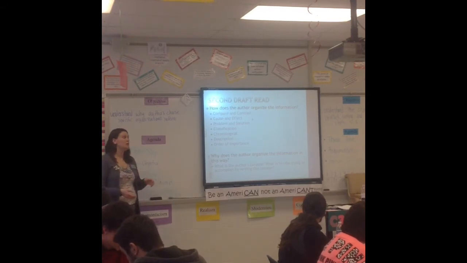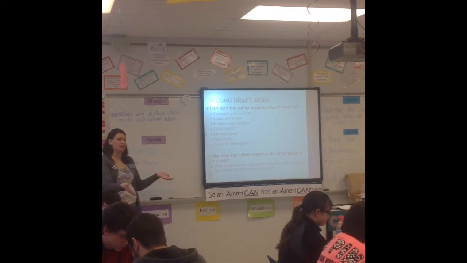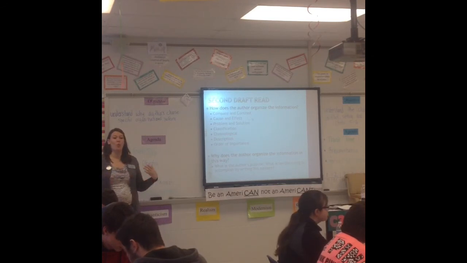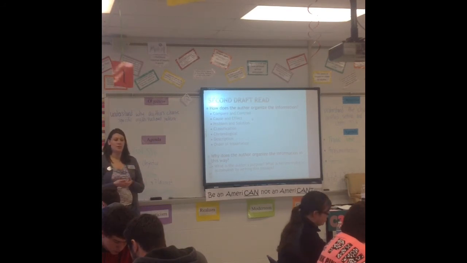Now is where we're getting closer to figuring out how is it organized and why. Because your purpose today is to know not only, yes, this is how an author organizes their information, but more specifically, why. Why does the author organize it in this way? And that's going to tie into, they organize it in this way in order to accomplish this purpose. That's why they use this tone, those sort of things.